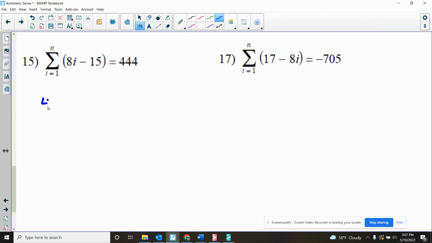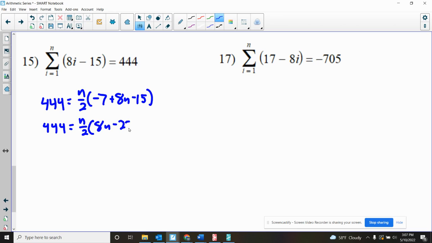So the sum this time, 444, is equal to number of terms over 2 times -7. And now the last term is just 8n minus 15.